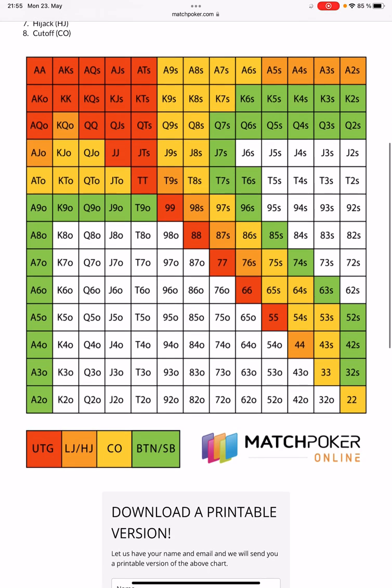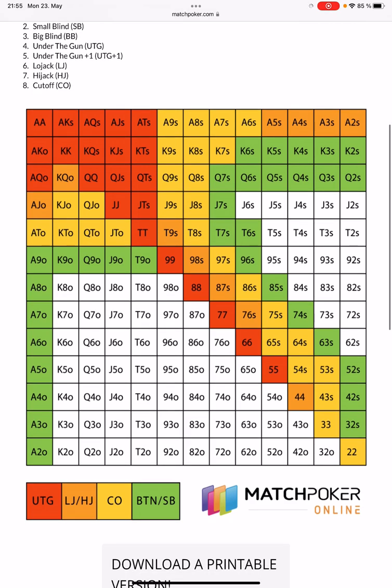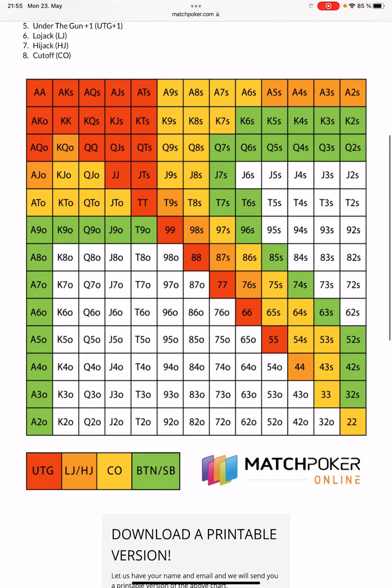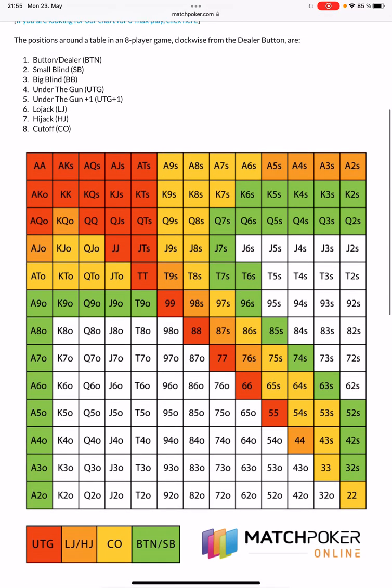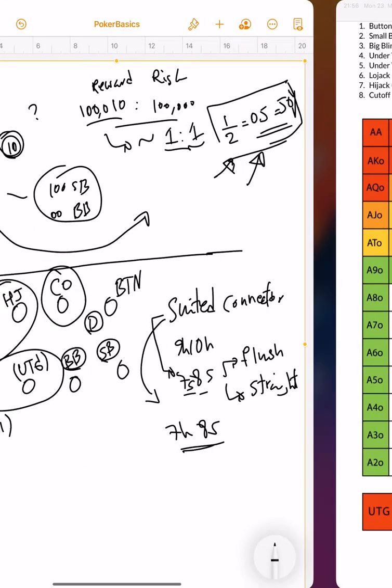When you want to play, you can see in which regions you are with the position that you have, and then try to use the general guideline given here. So this is the chart I wanted to show so that you know the idea of ranges.